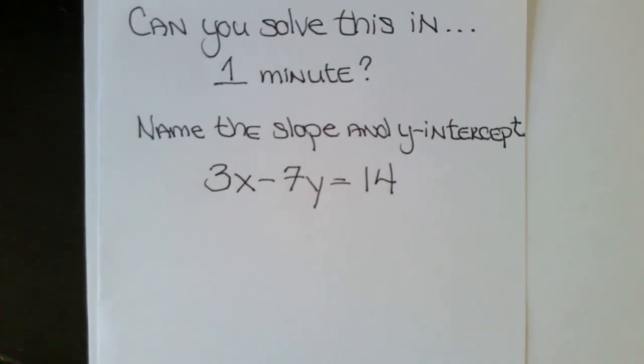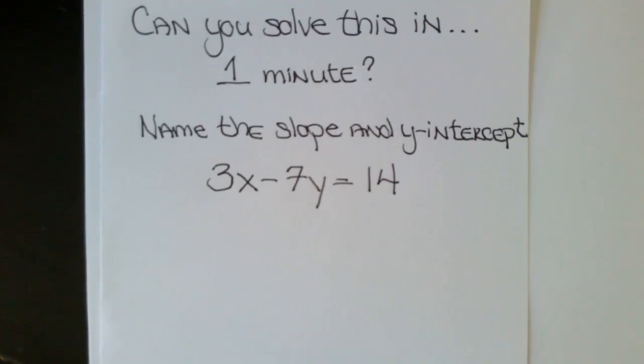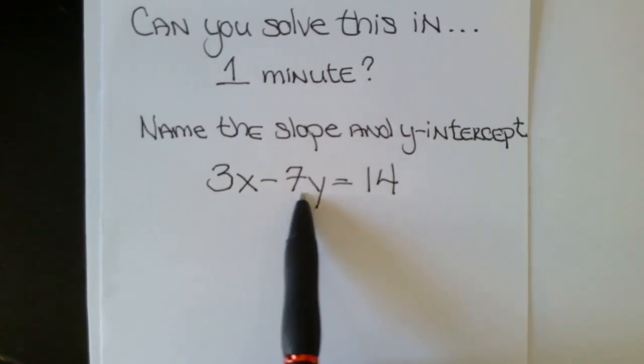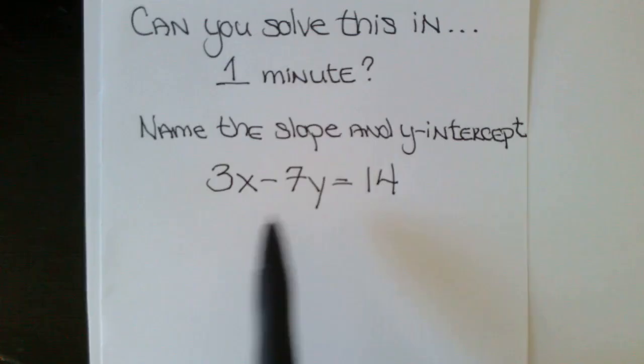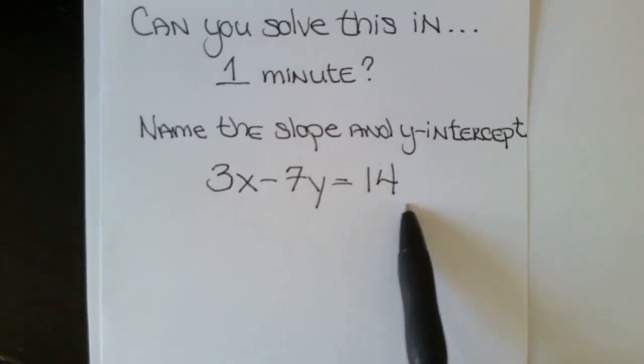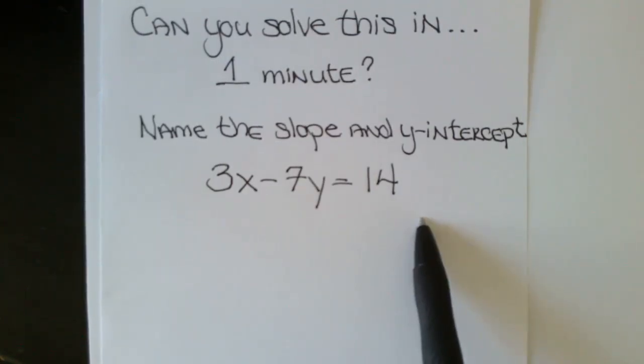Alright, now, yes. You automatically thought of rise over run? Well, that's good, because that's part of it. What we're looking at right here is called an equation of a line, but in standard form.